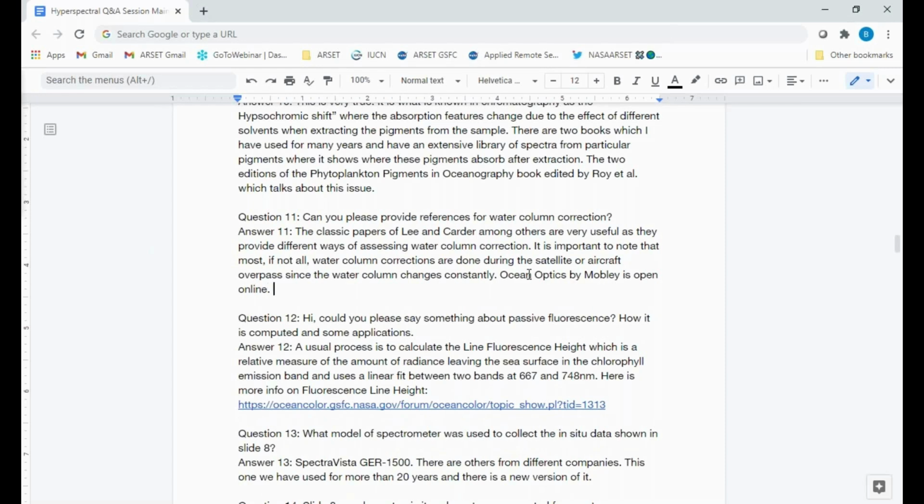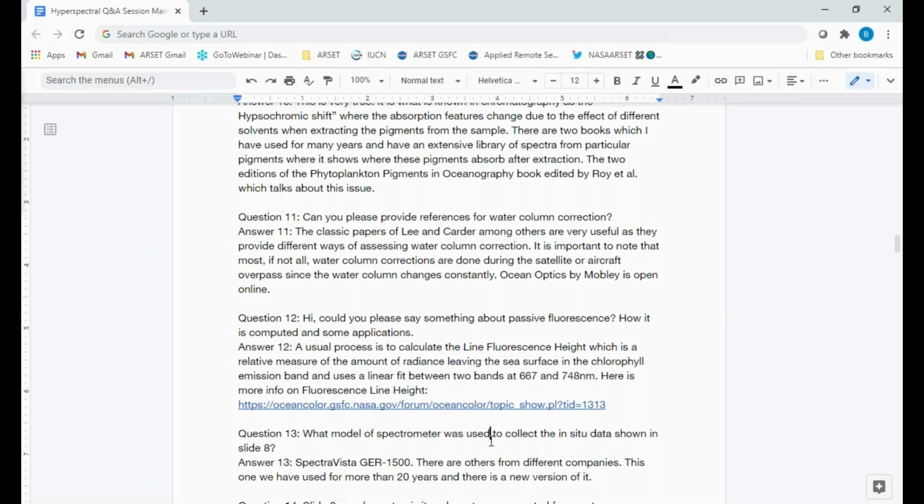Could you please say something about passive fluorescence? How is it computed, and some applications? What I'll mention about this is that there's a usual process that is very commonly used in the literature, which is to calculate the line fluorescence height, which is a relative measure of the amount of radiance leaving the sea surface, particularly in the chlorophyll emission band, and then uses a simple linear fit between two different bands, 667 and 748 nanometers.